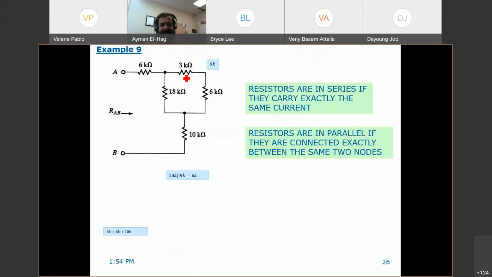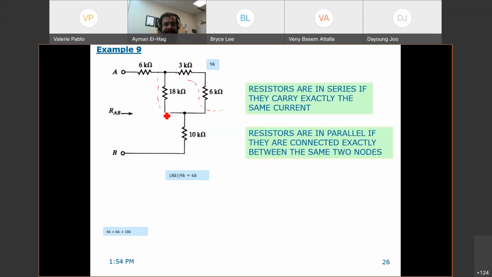So you can see here, this 3 and this 6 are in series, so this becomes 9. This 9 and this 18 are in parallel, so 9 and 18 in parallel becomes 6.